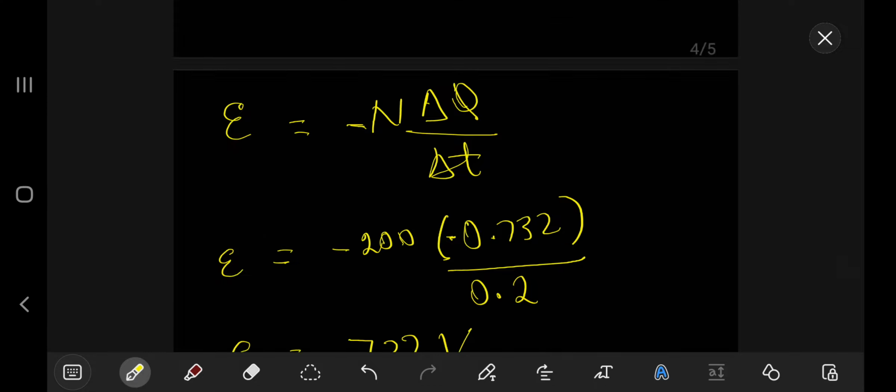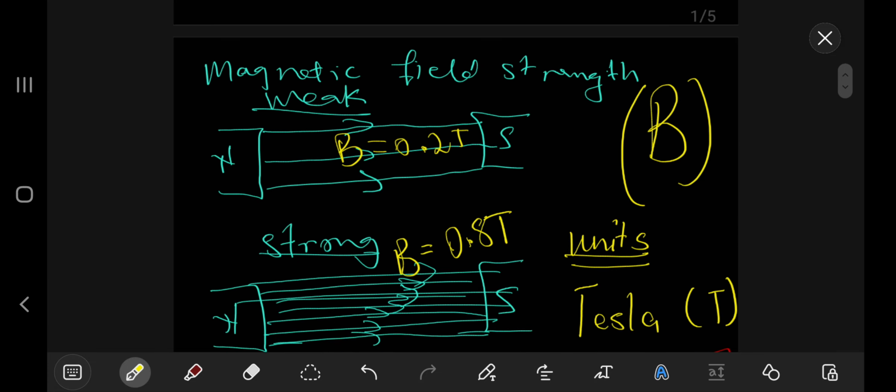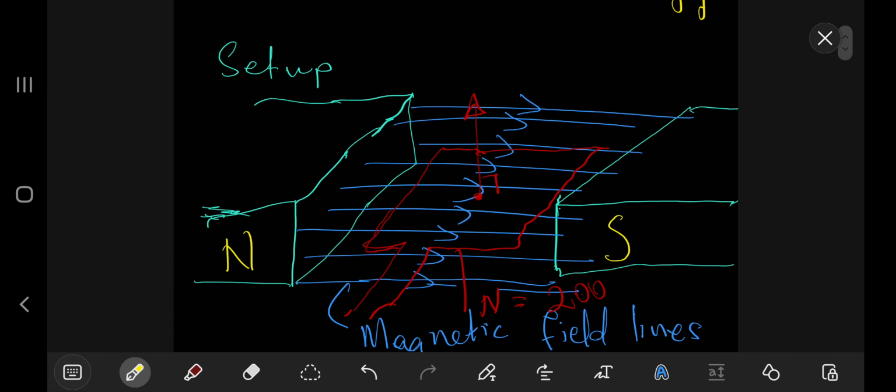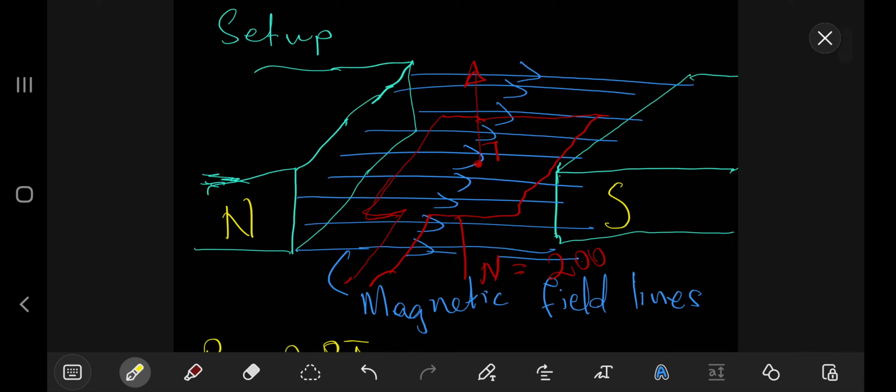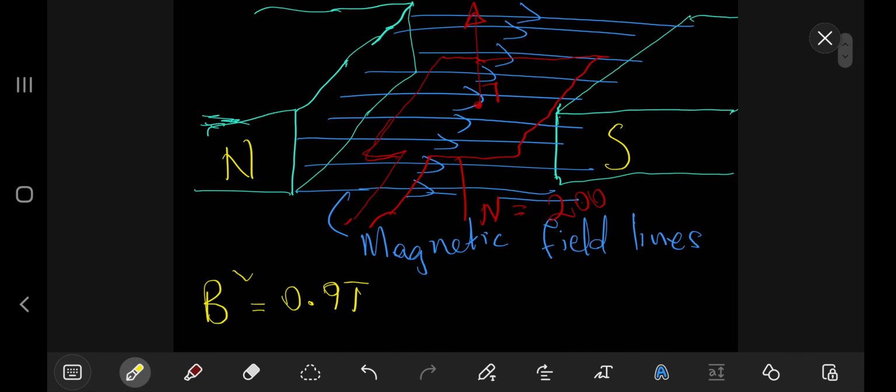So this is how we produce electricity using the concept of Faraday's law. We have a magnet here. Why do we have a magnet here? It's because we want to produce the magnetic field here. Then we can get our magnetic field strength, which is B, measured in Tesla. Since we have a magnet, it means we have a magnetic field.